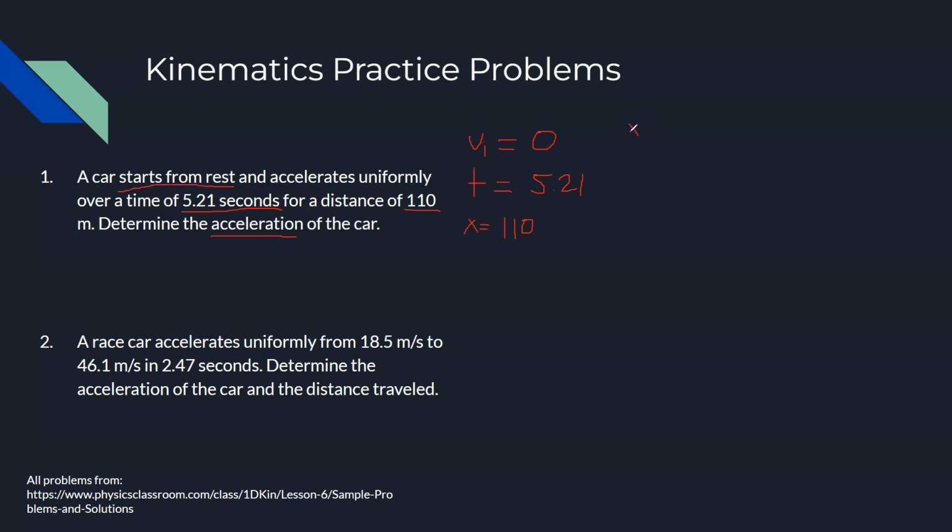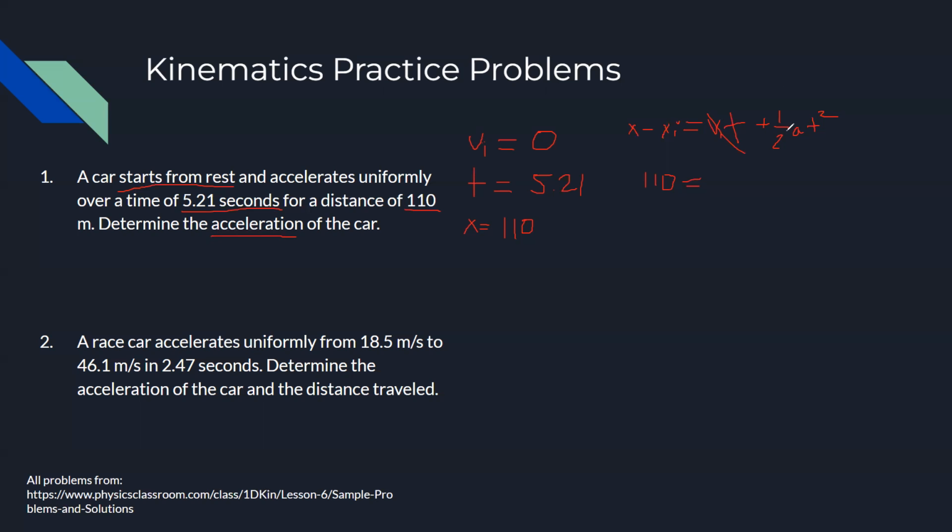So let's use x minus x initial equals v initial times t plus 1/2 acceleration times time squared. So x minus x initial, we can sub in 110 for that. And we know v initial is 0, so 0 times 5.21 would still be 0, so you can just cross that out.